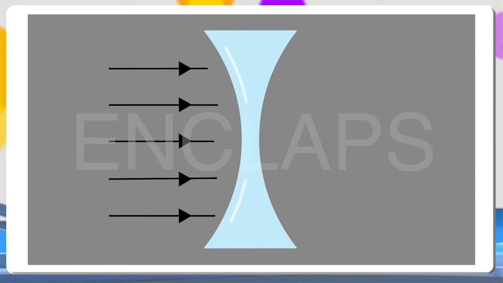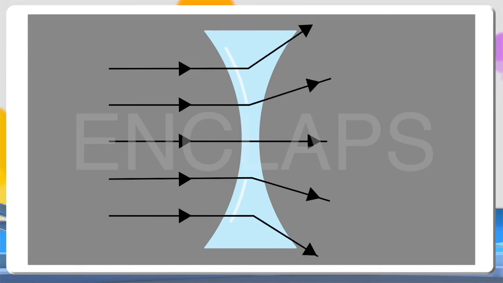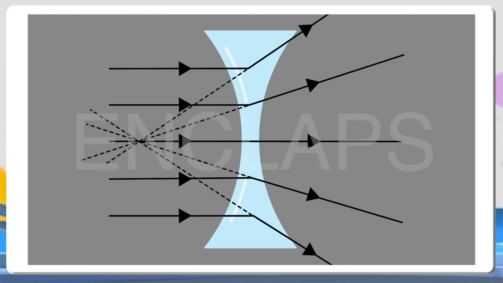Now, let's see what is the difference in case of a concave lens. A concave lens is placed here. Light rays are coming from the left hand side of a lens and are parallel to the principal axis. After refraction, the light rays are diverging away from the principal axis. But if we extend these rays in the opposite direction, they appear to converge at a point on the left-hand side of the lens.